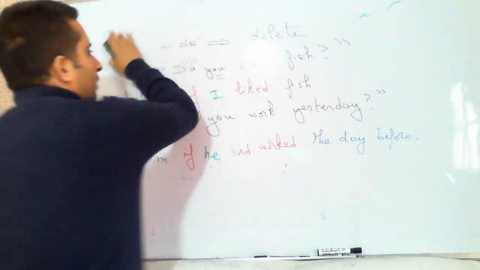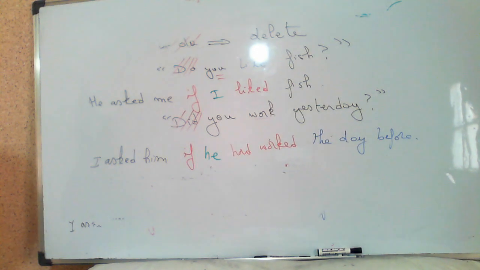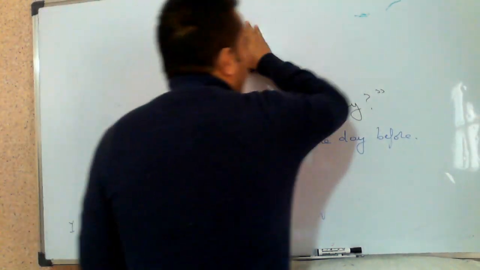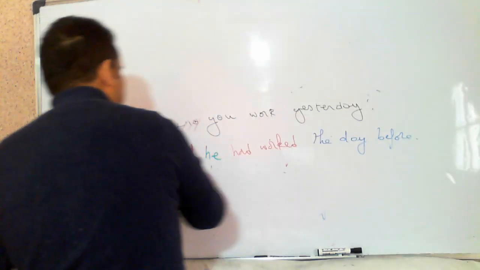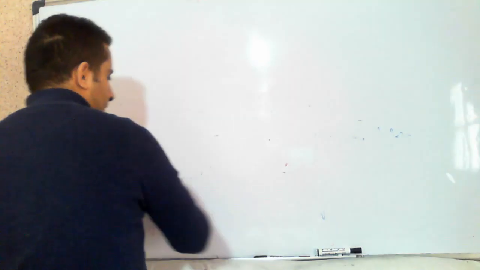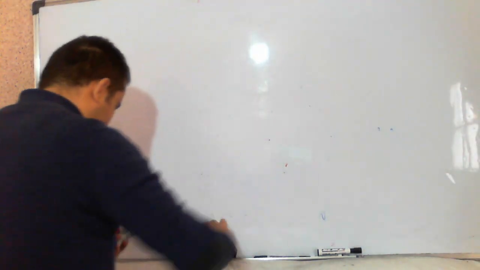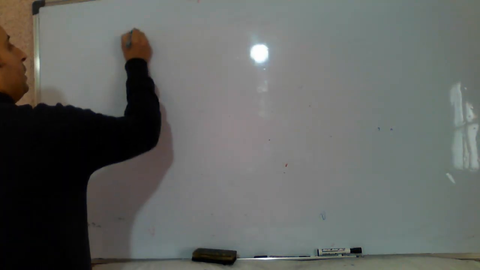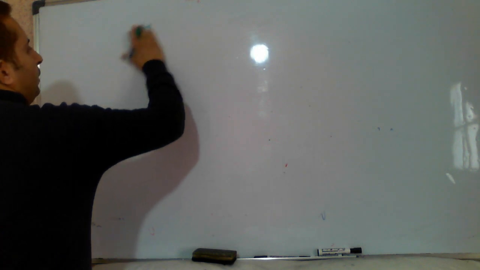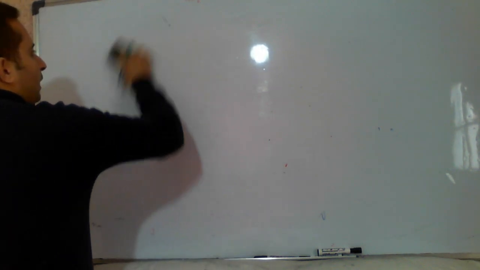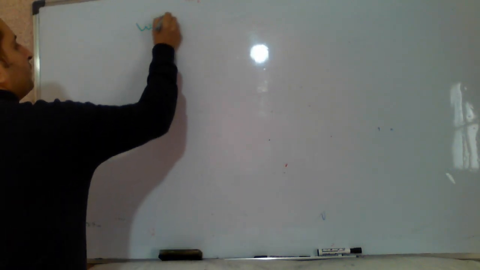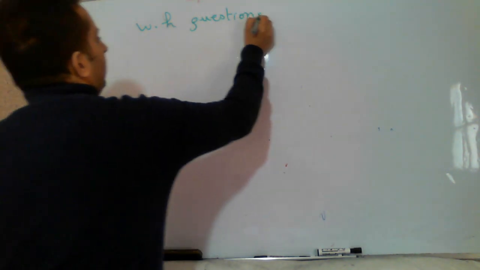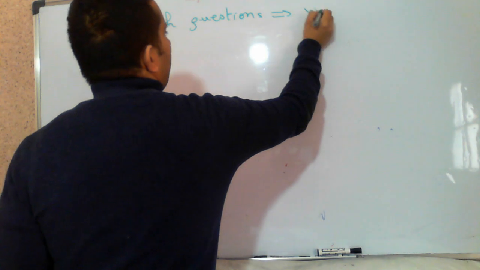WH questions. Okay, with WH questions, it is like yes or no, but there is a little difference. When we have a WH question, we don't use if, we use just the WH word.